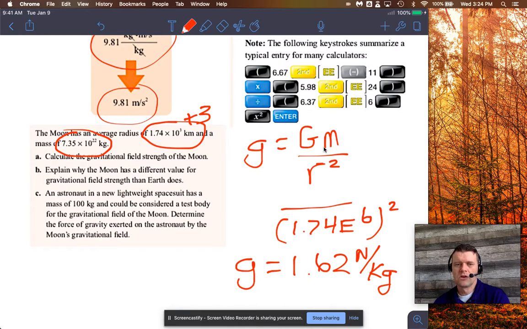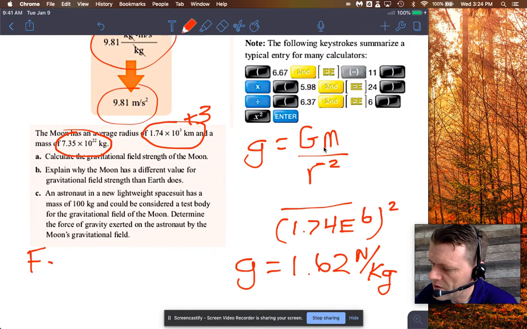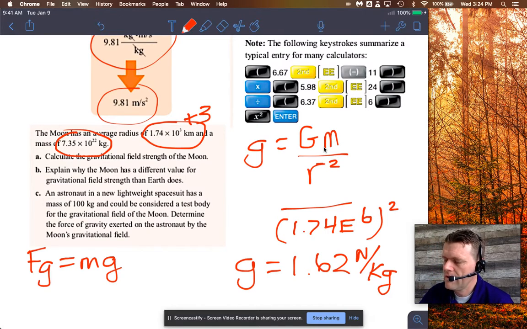Okay, so for part C, if you have a 100 kilogram mass and you throw that on the moon, what would the force of gravity be on that mass? Well, in this case, we would use the force of gravity calculation.